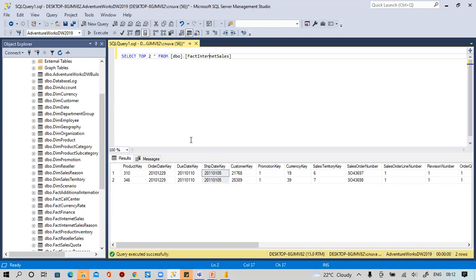Which means the date table is now connected two times, and it is playing a role: one time order date wise, another time ship date wise. So we can call the date dimension a role playing dimension.